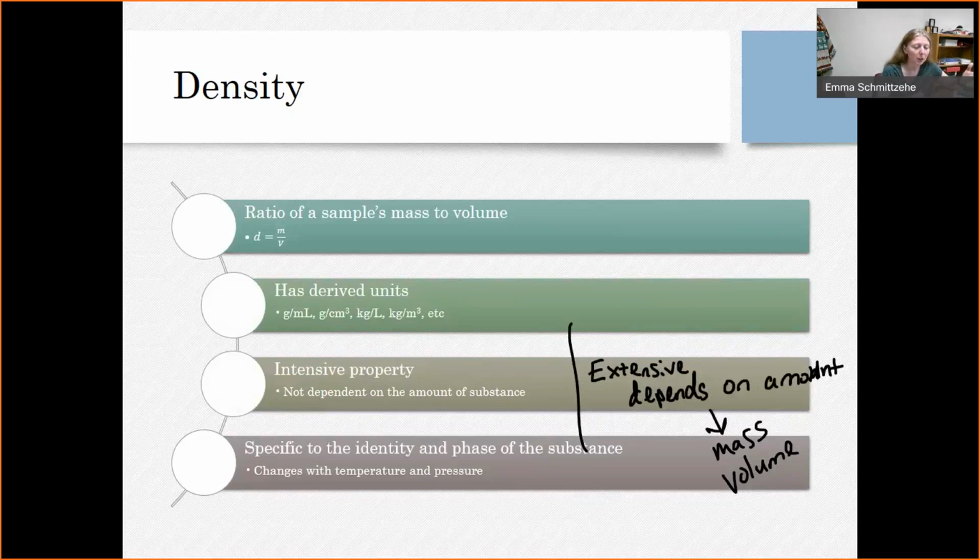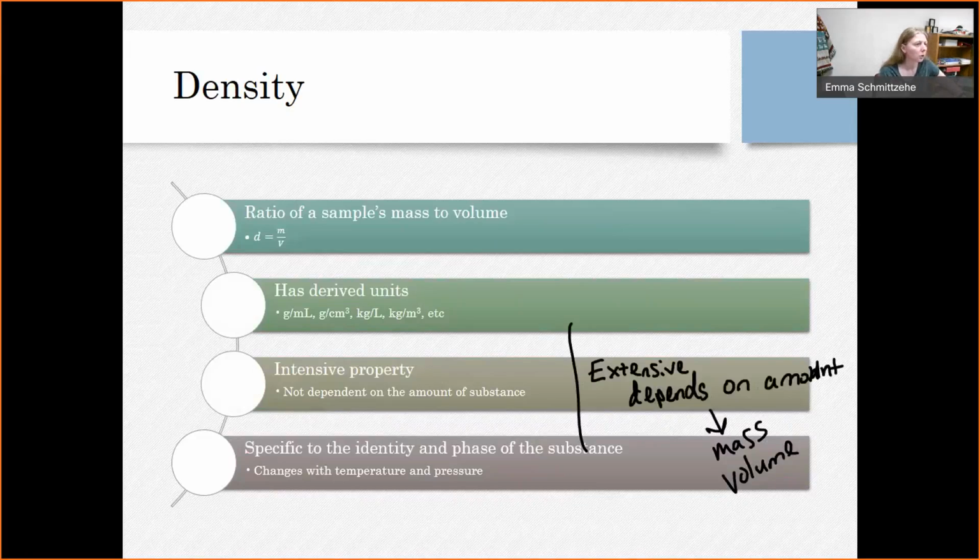So an H2O molecule interacts with other H2O molecules in a certain way, which results in a specific density, a certain arrangement of things. Whereas if I have a sample of, say, carbon dioxide, CO2, those CO2 molecules interact with one another in a totally different way, and so it causes a totally different arrangement, and so a different density, okay?